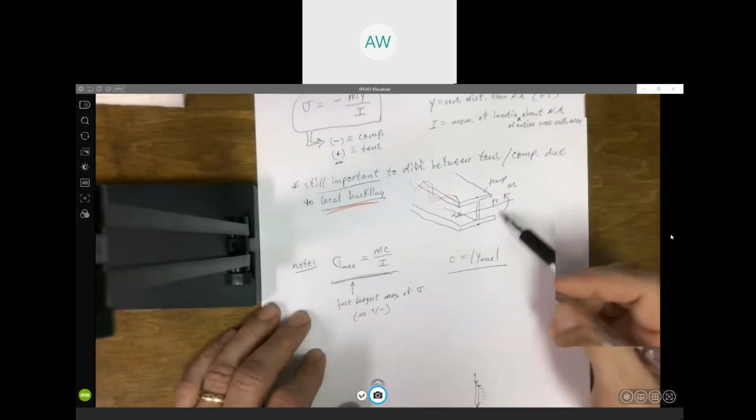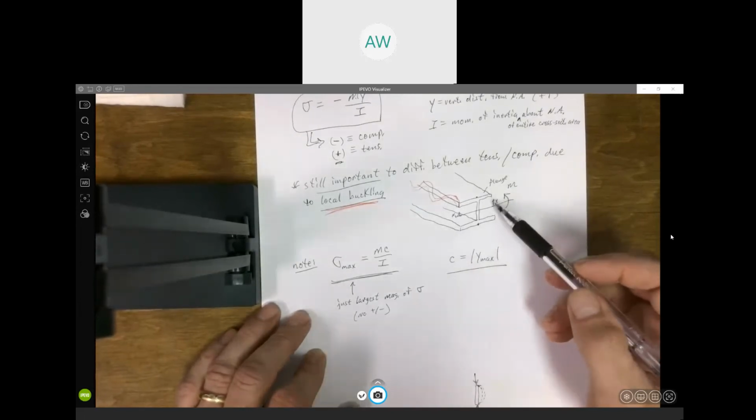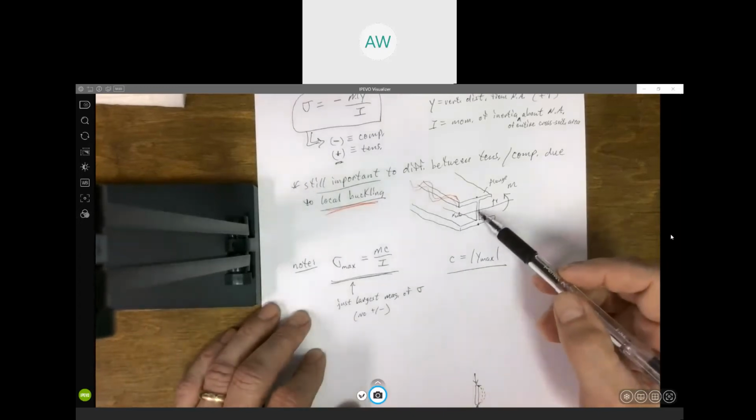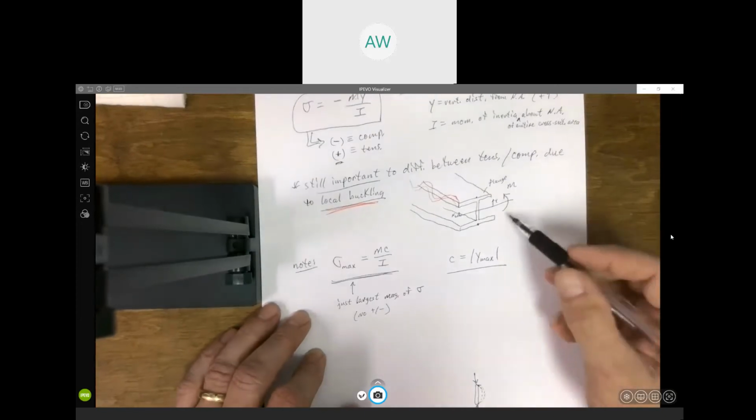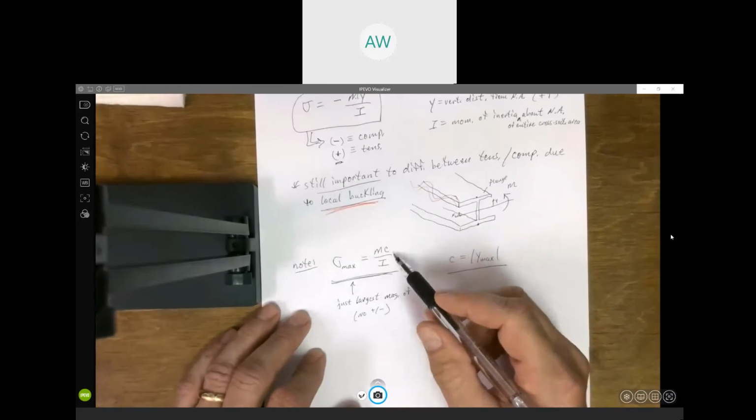Now, if the cross-section is nice and symmetric, it would be the same distance to the top and the bottom. But that's not always true. Your beam is not always perfectly symmetric. Your centroid is not always right in the middle halfway. So it might be further to the top or the bottom. Whichever one's the furthest, that's what c is here in this formula.